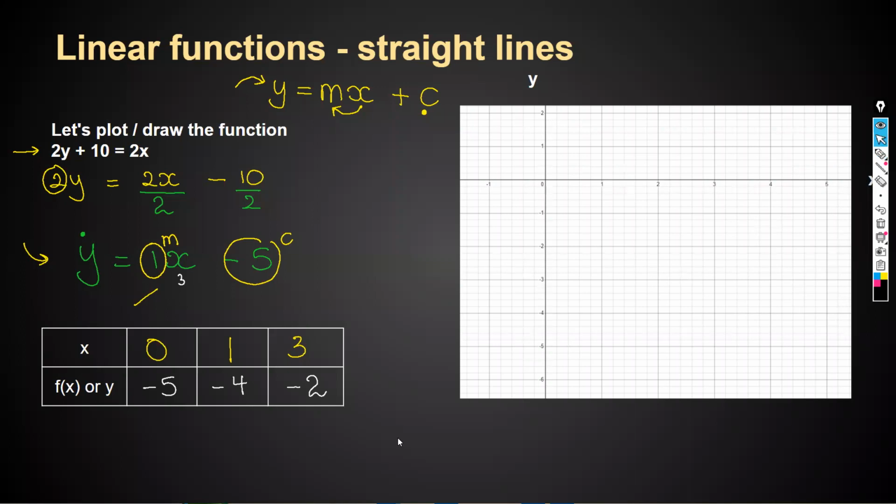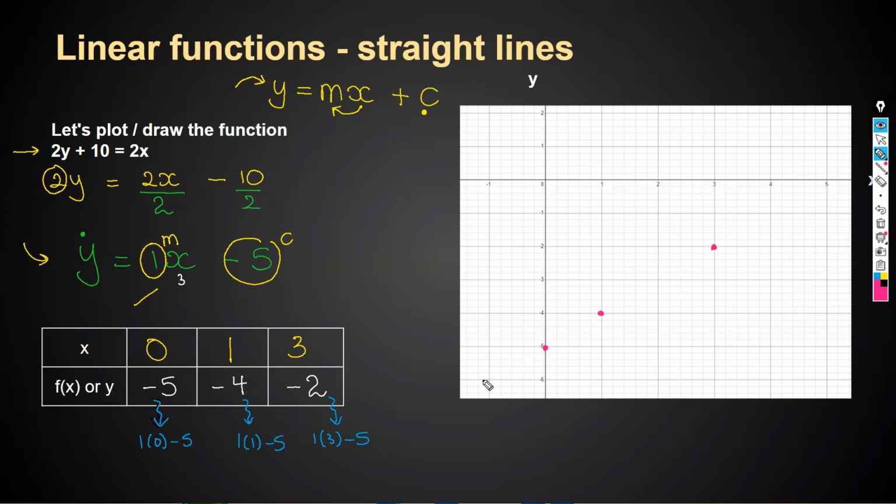So for those who want to plot the points, plot the points. All right. So they plot these points and see what we come up with. The first one is 0, -5. 0, and we're going down to -5. Next point is 1, -4. 1, we're going down to -4. And the last one is 3, -2. 3.